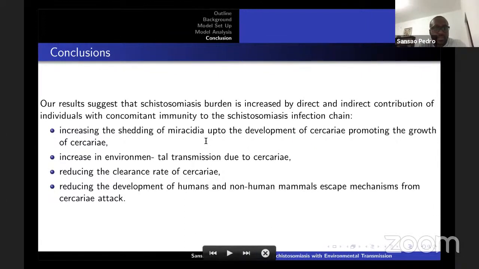We understand that the prevalence of infection is dynamically influenced by increased shedding of miracidia up to development of cercaria, promoting the growth of cercaria, increasing the environmental transmission due to cercaria, reducing the clearance rate of cercaria, as well as reducing the development of humans and non-human mammal escape mechanism from cercaria attack.